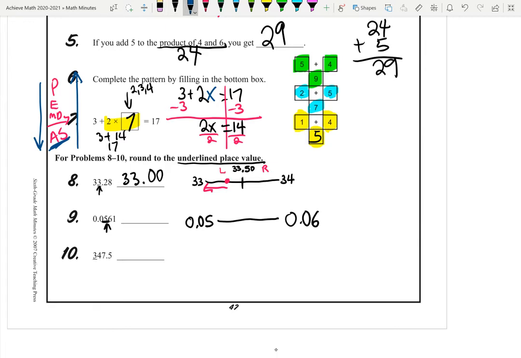To help, I want to think of it with a 50 and a 60, because the halfway point between these two numbers is going to be 0.055, and halfway between 50 and 60 is going to be 55. Now, which side is 56 going to be on? 56 is going to be slightly bigger than 55, meaning that I'm going to round to 0.06.